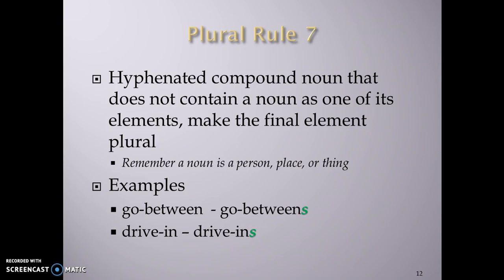You have to remember, a noun is a person, place, or thing. Go-between, drive-in. Go is a verb, between is not a noun, so there is really no noun in either of these words. So the final element, betweens becomes plural, ins becomes plural.